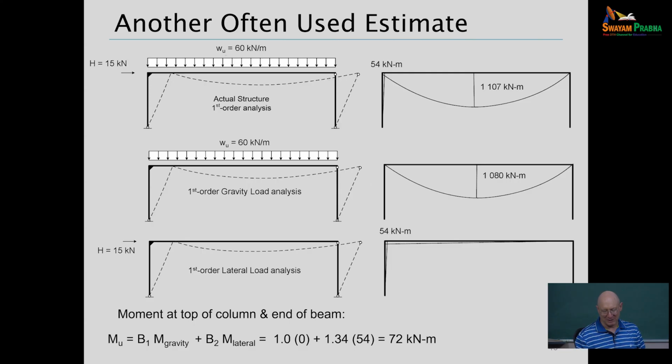Since I don't have any gravity load moments in this case, yeah, it's actually 115, so I'm significantly underestimating the moment if I do it this way. And it's perfectly fine to do this if it's symmetrically loaded in a symmetrical frame.